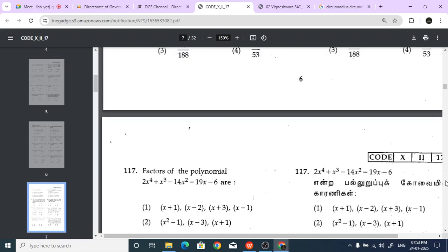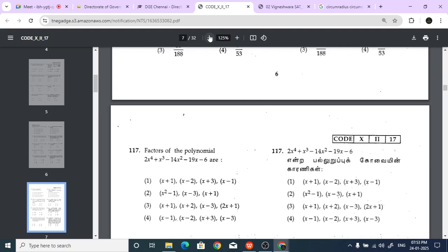Very good. Okay, go to the next question. You factorize this polynomial. Again, you can do it the similar way I have done. You have to get minus 6, or you have to get 2x power 4. In the first option, will you get 2x power 4? Yes, sir.